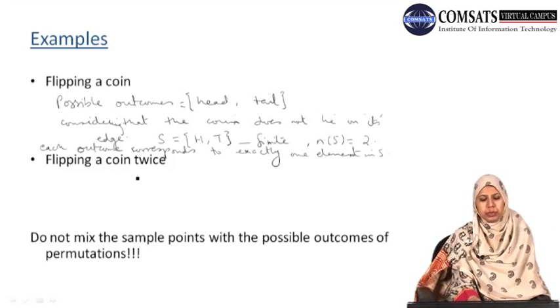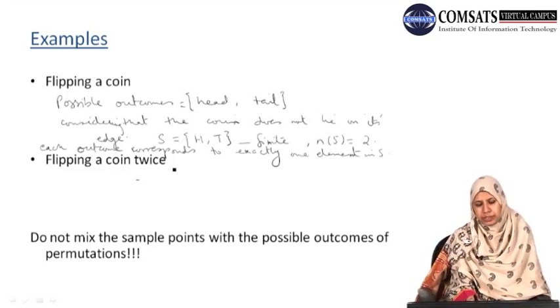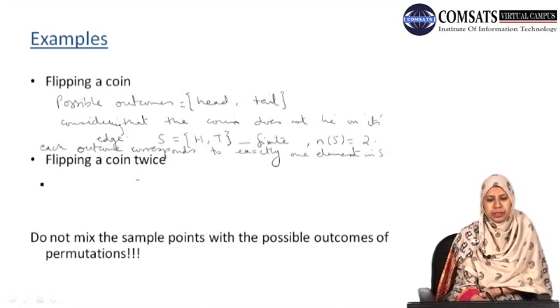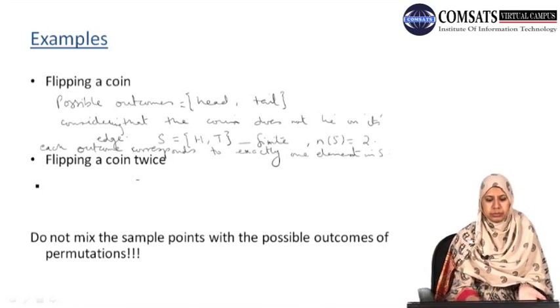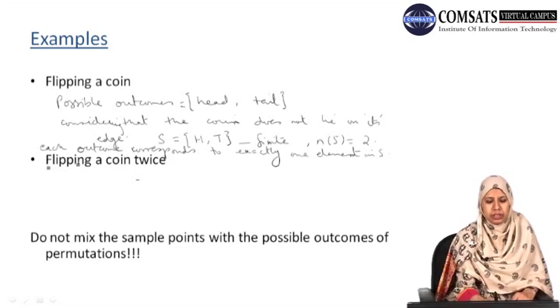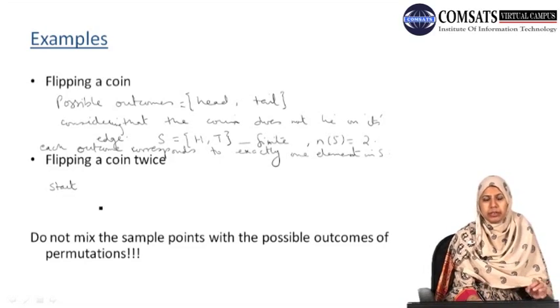Okay, we consider one more example. That is the same example of a coin, but this time we are flipping a coin twice. What will be the set of possible outcomes? The set of possible outcomes will be our sample space S. If we flip a coin first, we can find the set of possible outcomes by using our tree diagram.